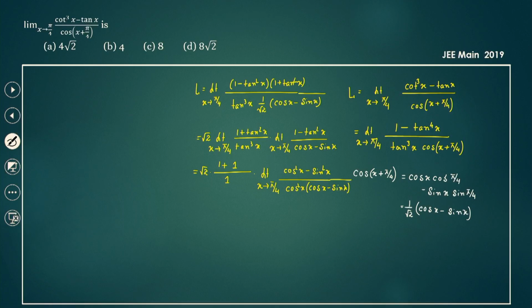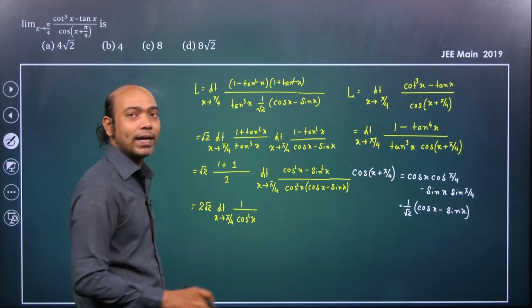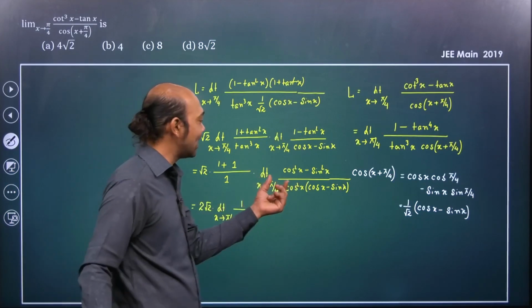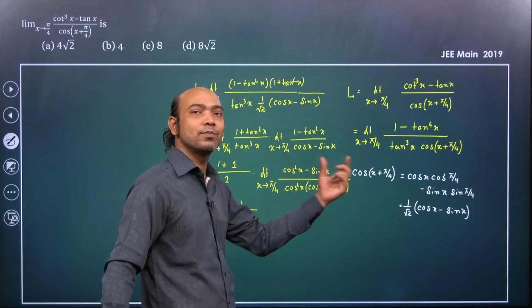That's it. So you can say that it will give you 2 root 2 into the limit x tends to pi by 4 of 1 by cos square x, and we have cos x minus sin x. Therefore, we can easily factorize this, and we get cos x plus sin x times cos x minus sin x.